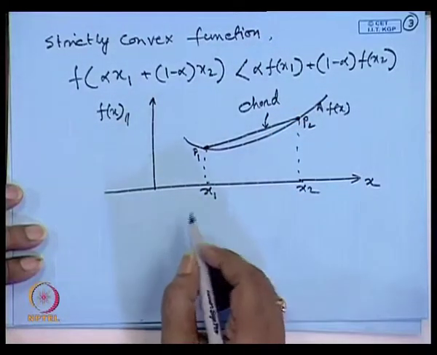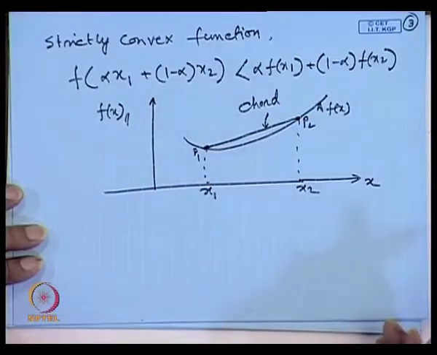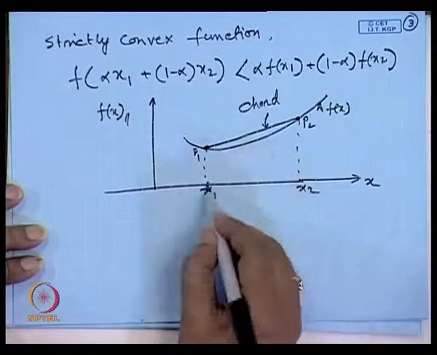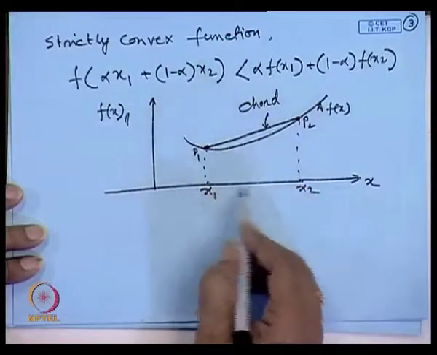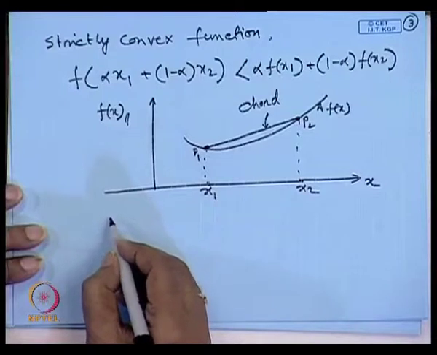So, this indicates, you see, if the function is convex according to the definition, any point on this line between x 1 and x 2, I can express it this way.